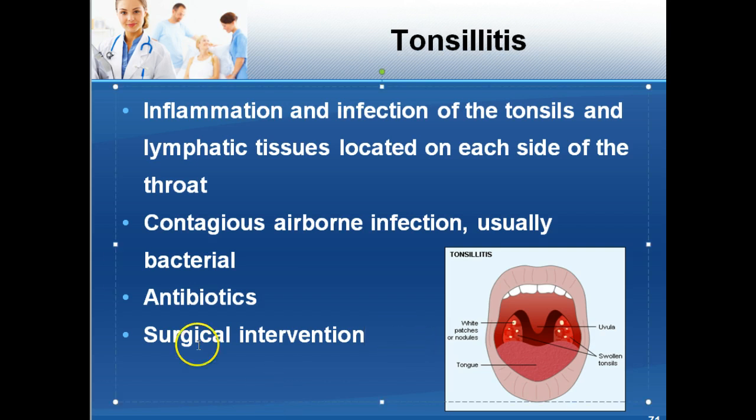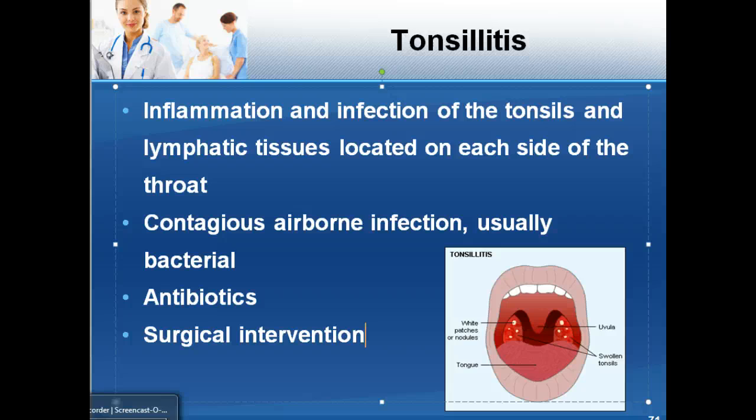Now, after you finish surgical intervention for a person who has tonsillitis, you just have to think of what type of things you would be looking for. A lot of times when a person has tonsillitis, they've got a mild or severe sore throat, fever, muscle aches, chills, difficulty swallowing.